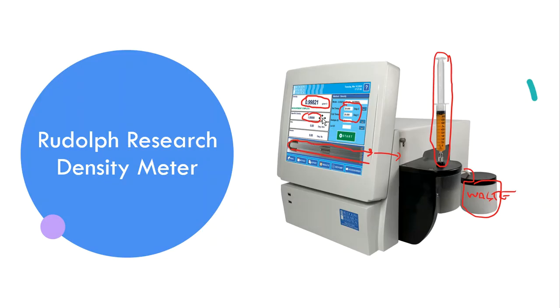And by validating it and going through the motions of running 2 airs at different temperatures and 2 waters at different temperatures, if all of those check out, then that means this density meter is performing according to plan. Nothing needs to be cleaned. No fine adjustments need to be made. So the data that's popping out onto my screen actually means something. And that's what the validation is all about.